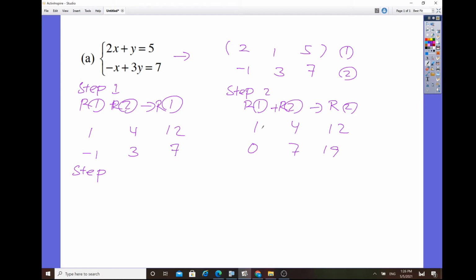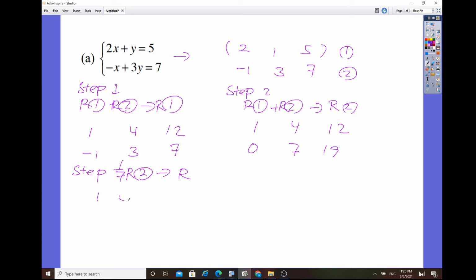But if you try to do that, we'll change that 0 to a non-zero constant, so you don't want to do that. The easy way to do it is to multiply row 2 by 1 over 7 and put it back to row 2.